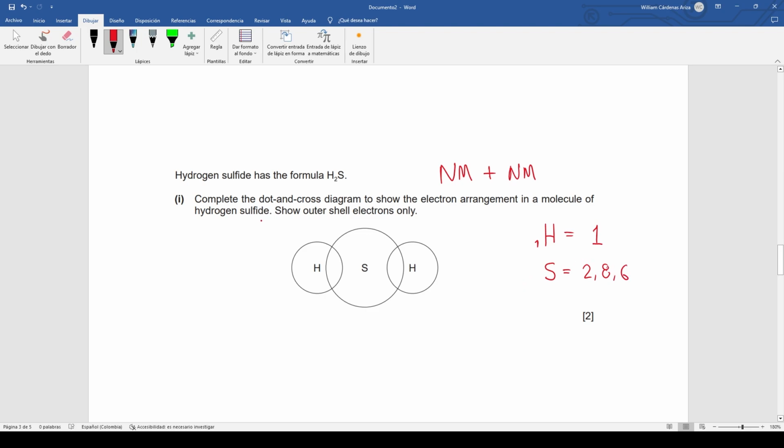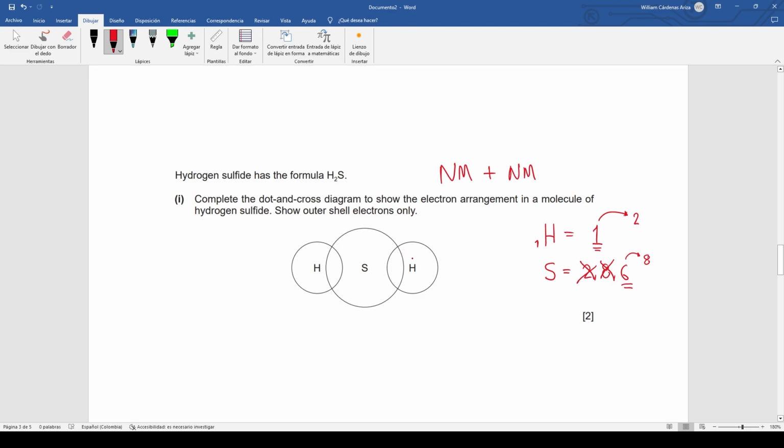In covalent compounds and in covalent dot and cross diagrams, you don't have to take into account the inner shells. You just will be working with the outer shells. So in this case, hydrogen will have 1 electron and wants to have 2, and sulfur has 6 electrons and wants to have 8.